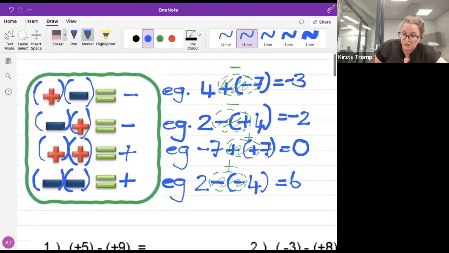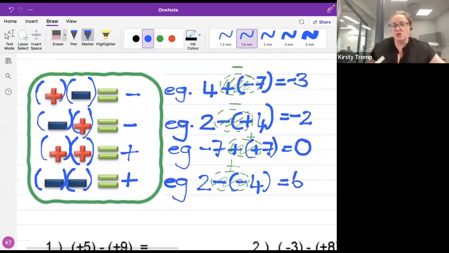I'm going to bring the screen up for you so that you can take a screenshot of that, because this is a really important table for you to go through and remember. Make sure you've taken a screenshot and saved it somewhere. If you haven't written it down already, it's really important that you do.